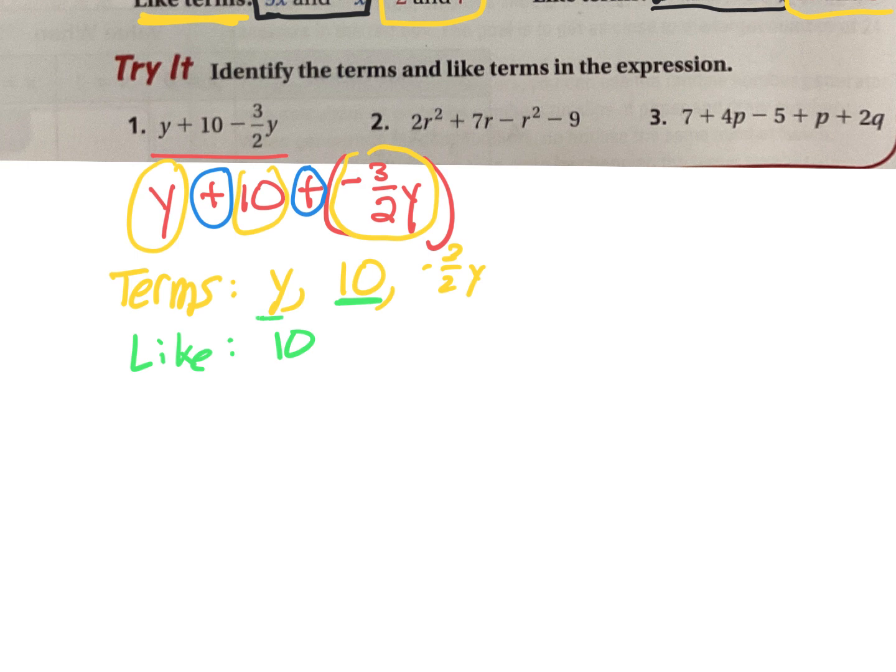And then this one has a y, this one has a y with the same exponent. And so the other like terms would be y and negative 3 halves y. Those are like terms. Okay. Let's do number 2.